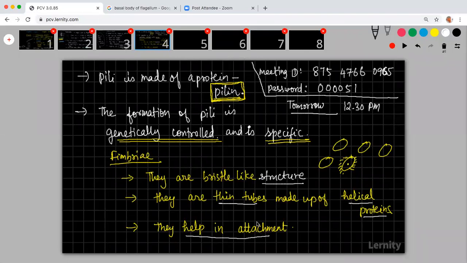Some people try to interchange Fimbriae and pili, but pili and Fimbriae have a very basic difference. The protein which makes pili is called pilin, and it is seen only in gram negative bacteria, not in gram positive bacteria. Pili can be helpful in conjugation as well as other things, but Fimbriae is used only for attachment.